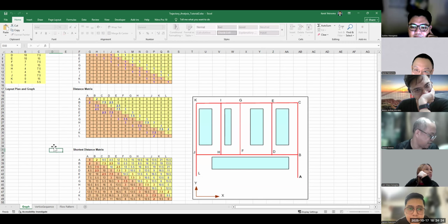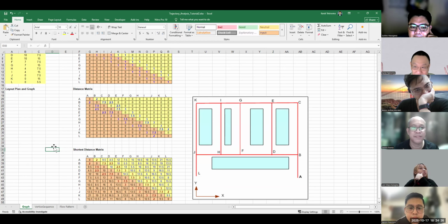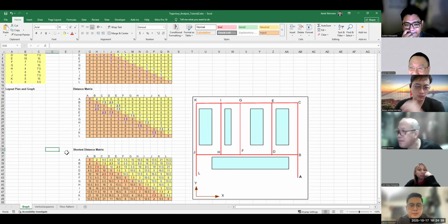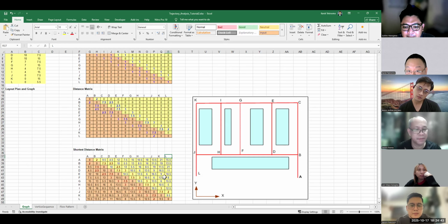If your matrix is 80 by 80, don't use manual. It will take so long. But it's only 10, 12, so I think manual is easy. Yeah, this one, see, I do it manually.